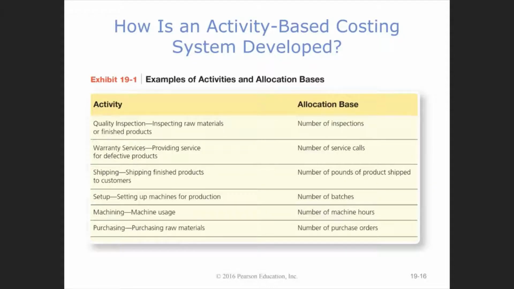We're going to look at our machine hours, and the number of machine hours that we use is going to be our allocation base for our machine usage. For purchasing raw materials, the allocation base will be the number of purchase orders. So how many purchase orders, POs, did we put in? That's going to be our allocation base for determining our purchasing of raw materials.